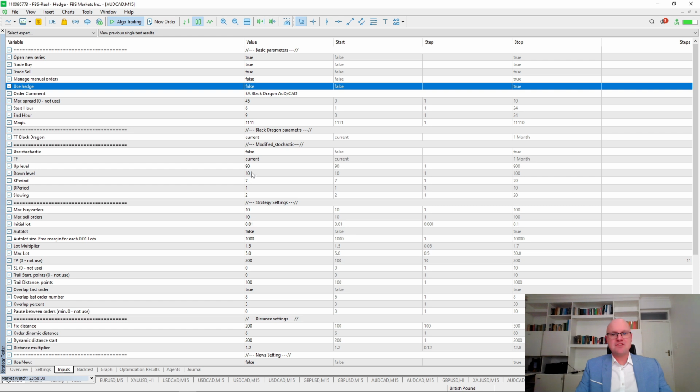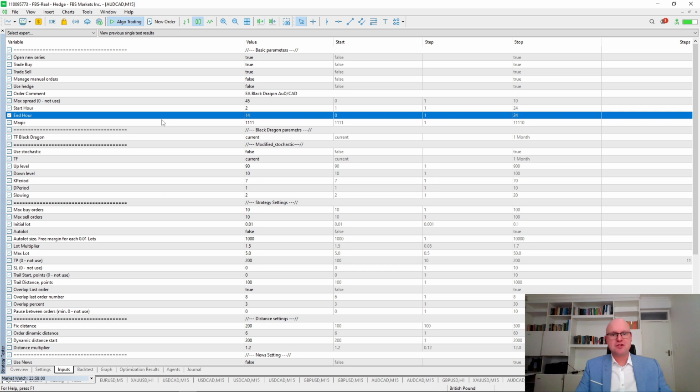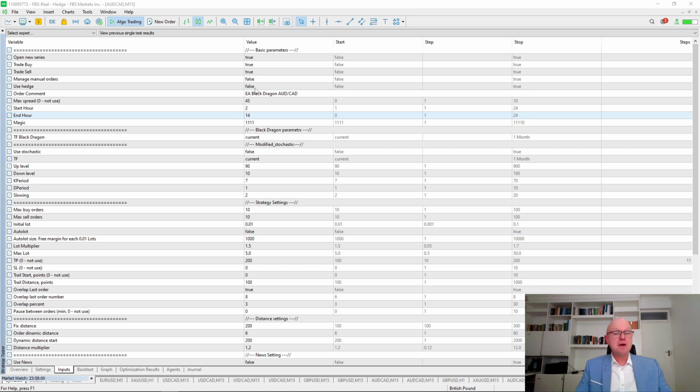The other side of the spectrum, if we want to go more aggressive, is to trade for 12 hours a day, which will be from 2 a.m. to 2 p.m. Now, doing this, we also need to change the hedge function as we will be using the bidirectional option.